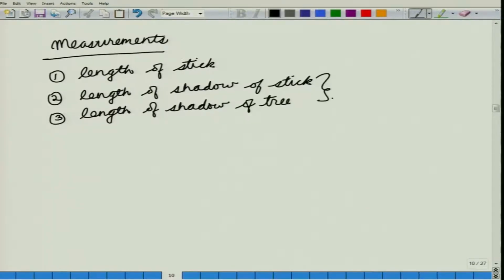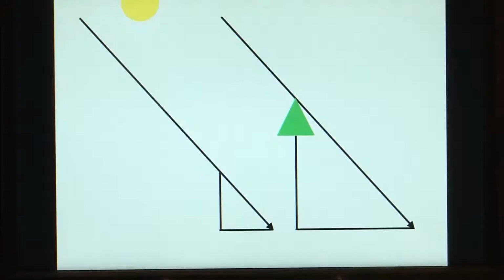Now, both these measurements have to be taken at the same time and at nearby locations. So, by using this we can figure out the height of the tree.